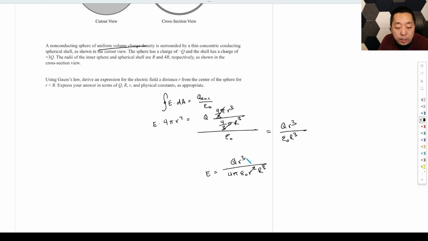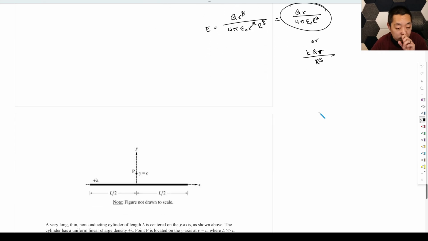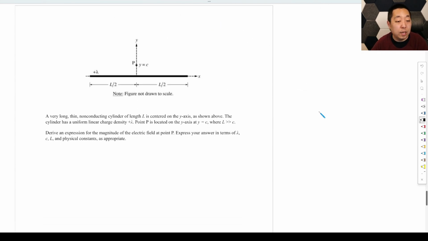So that will cancel with that, and you get Q r over 4 pi epsilon naught big R cubed. Notice that that 4 pi epsilon naught shows up, so you could write it as k if you wanted to. But I already wrote it, so I'm not going to. Or you could write it as k big Q little r over big R cubed. All right, so that's how we use Gauss's law in that situation.